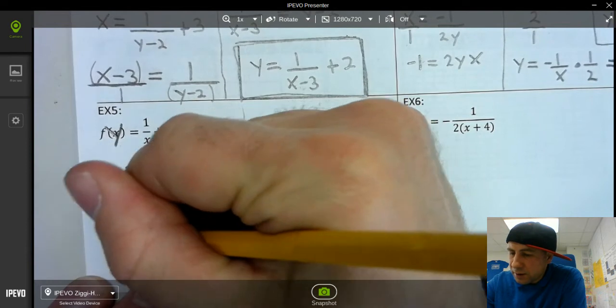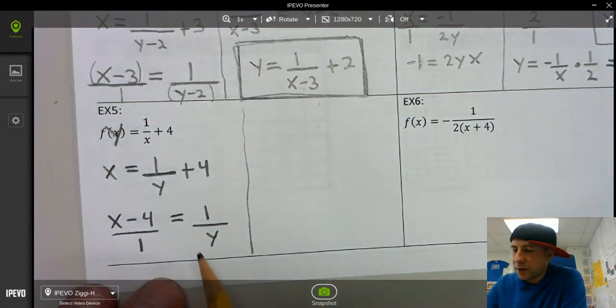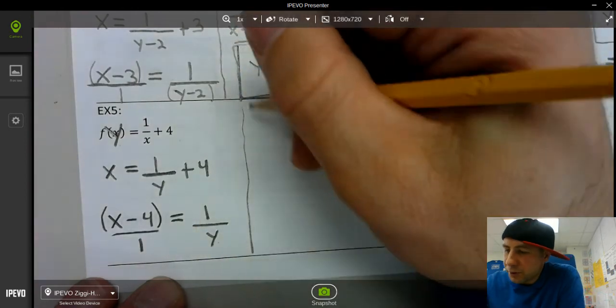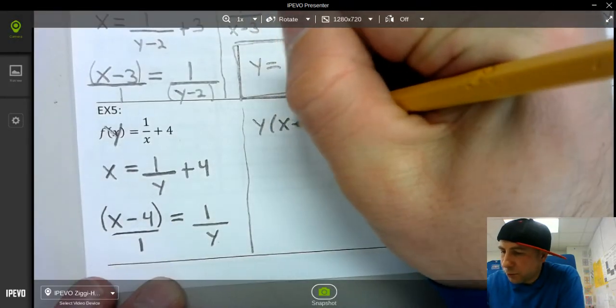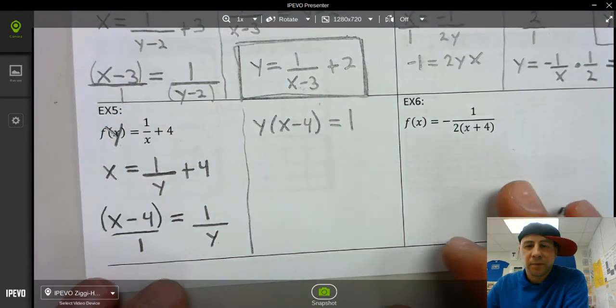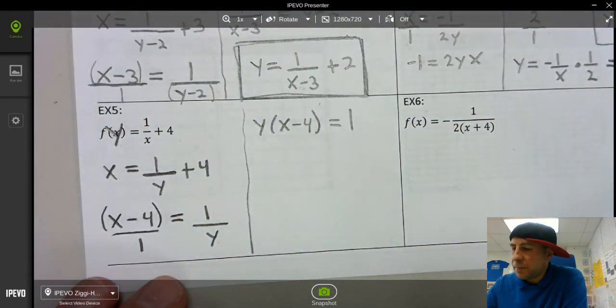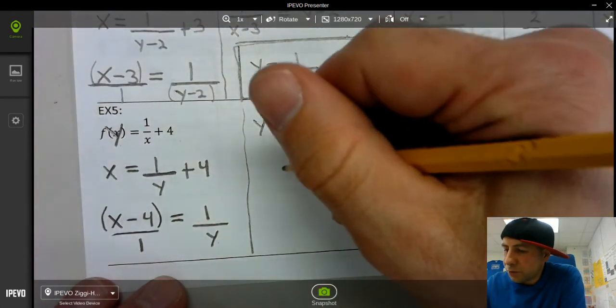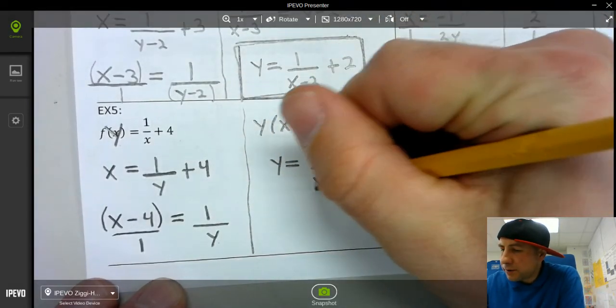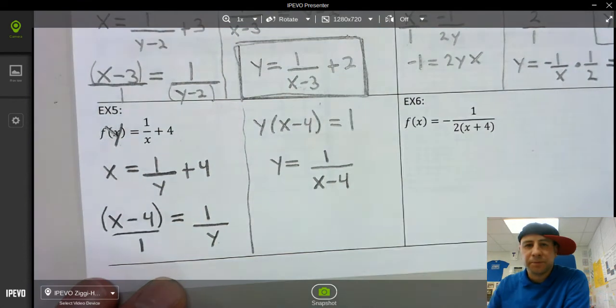I'm going to divide this by 1 so I can cross multiply, and I'm also going to put this in parentheses. So y times x minus 4 equals 1 times 1, which is 1. You're going to divide both sides by x minus 4. So y equals 1 divided by x minus 4.